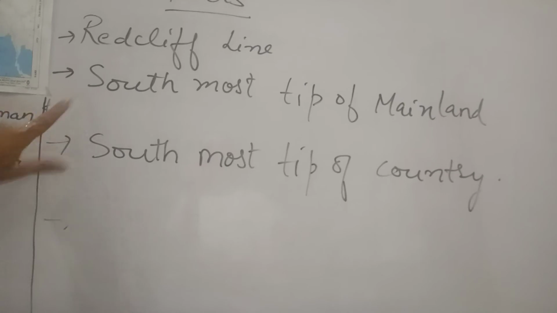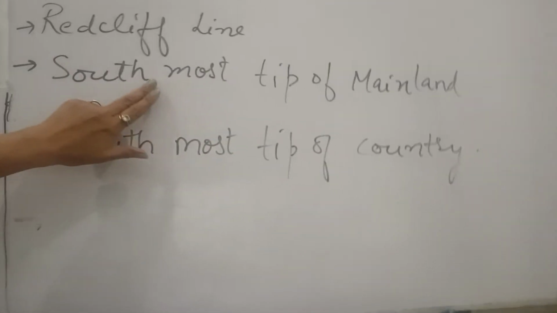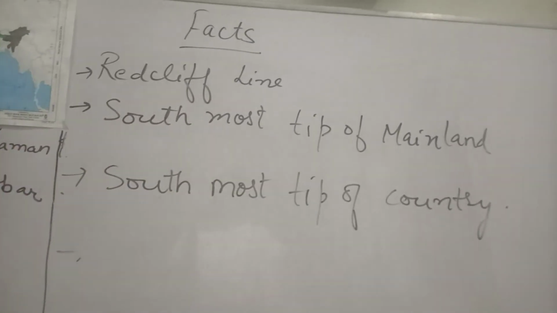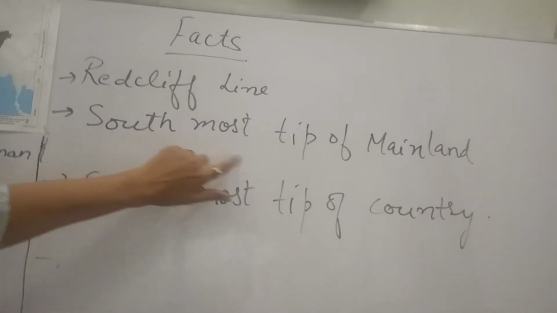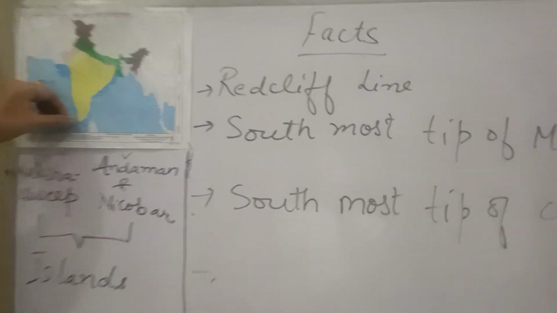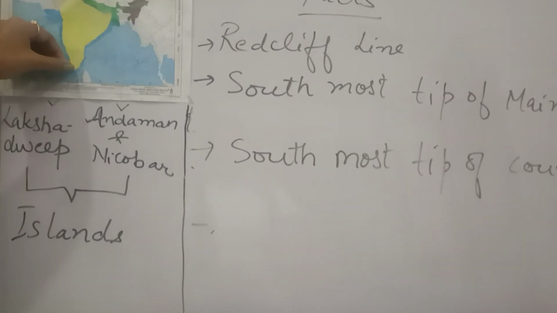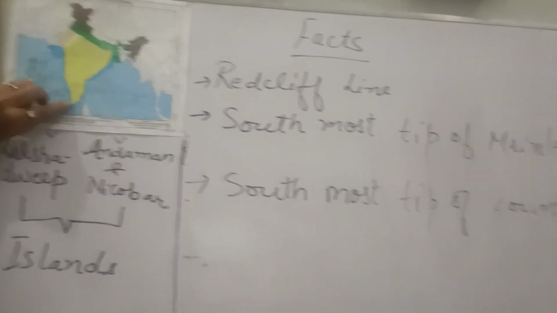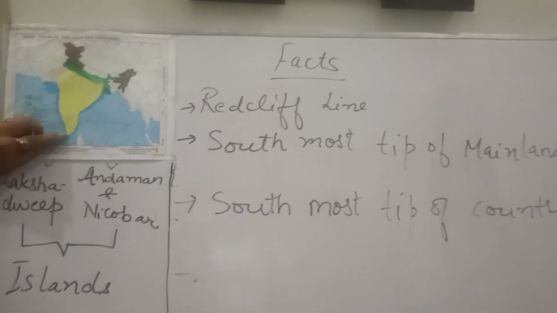Next is southmost tip of mainland, and third is southmost tip of country. In these 2 lines there is a basic difference. I want to tell you about this. What is the southmost tip of mainland? Southmost tip of mainland means the area above the coastline. The point just above the coastline is known as southmost tip of mainland, and southmost tip of mainland is Kanyakumari.